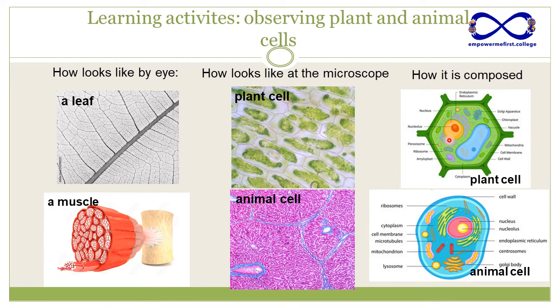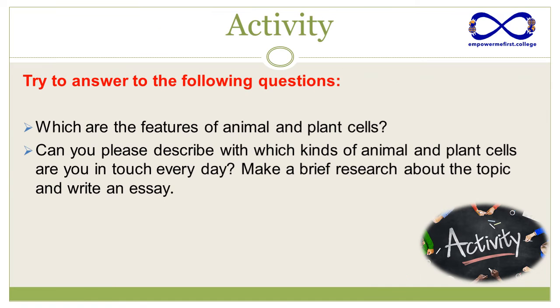Okay, so plant cells are generally bigger than animal cells, with the presence of one big vacuole, versus many vacuoles but smaller; the nucleus at the side, versus the nucleus in the center; the presence of chloroplasts in the plant cell, that's why basically they are green, and absence of chloroplasts; the presence of a cell wall, that is this one, and absence of a cell wall. So basically this is just a summarized slide in order to do a brief recap of what we studied before.